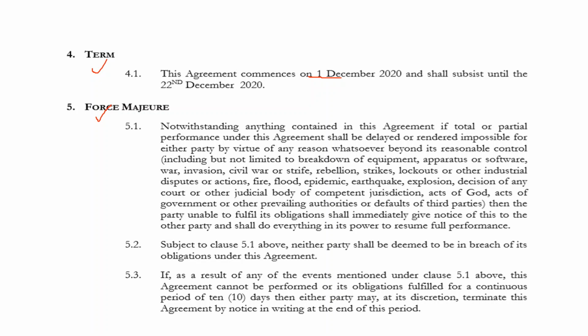Of course, the artist you contracted may not be able to come to Kenya and perform. In that case, circumstances have come up beyond the control of the parties, and the examples are listed here. As you can see, we call most of these things acts of God. They're beyond your control. You can't actually stop them. And so this clause is very, very key actually.